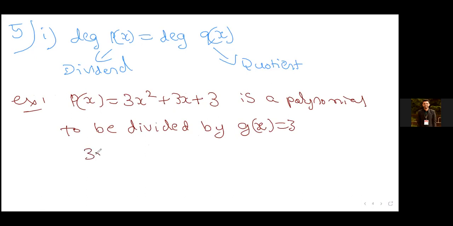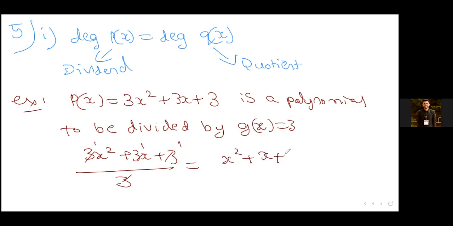Just divide this 3x square plus 3x plus 3 by 3. This you get 1 x square plus x plus 1. This is the quotient q of x.